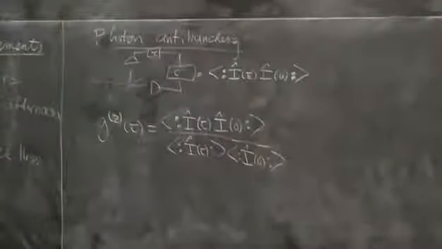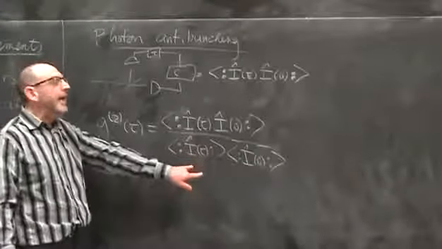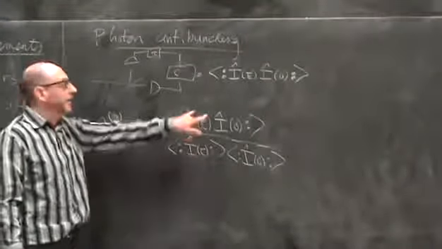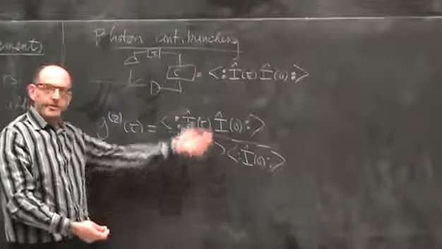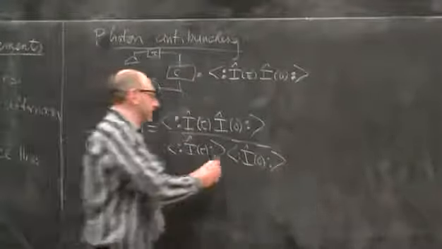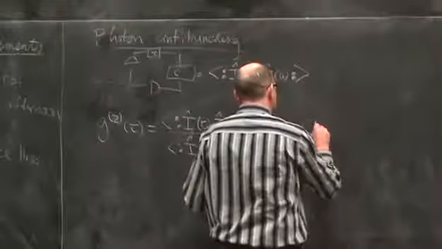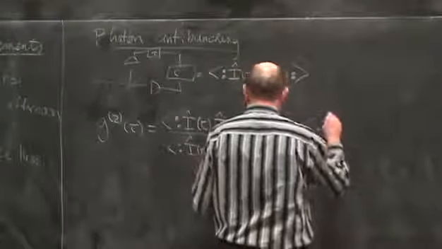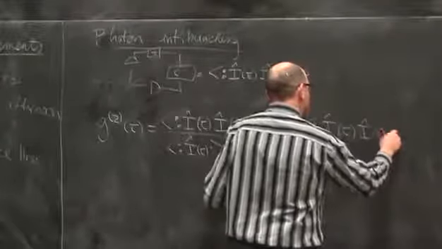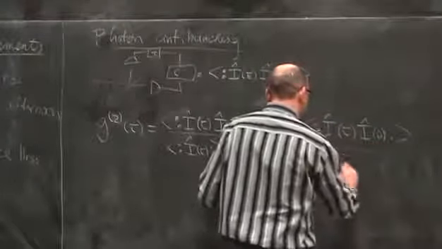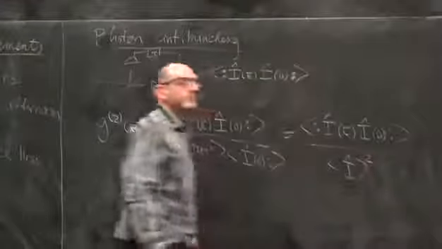So that's telling us if they were statistically independent, then the average of the product is the product of the averages, and this would be 1. Of course, if I have stationary statistics, then this doesn't matter when I measure the intensity. This is often written as over the average intensity squared.